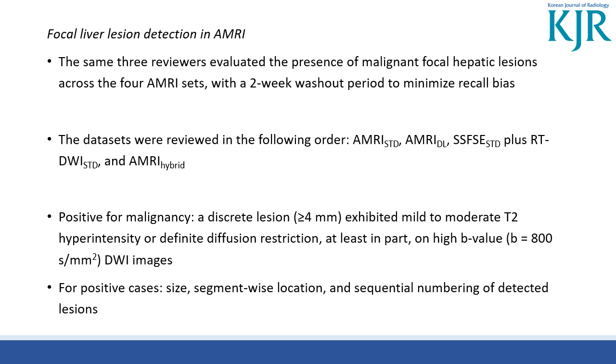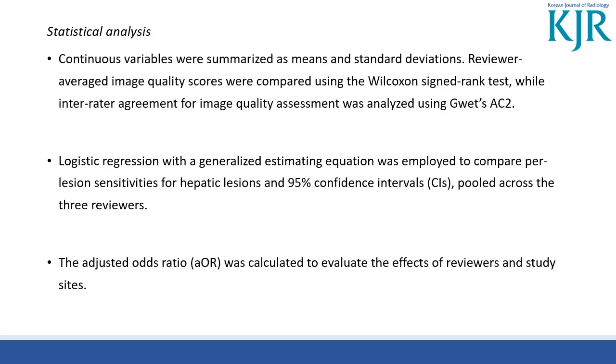The MRI results were deemed positive for malignancy if a discrete lesion exhibited mild to moderate hyperintensity or definite diffusion restriction, at least in part, on high b-value DWI images. For positive cases, the reviewers documented the size, segment-wise location, and sequential numbering of detected lesions. The statistical analysis was performed as follows.